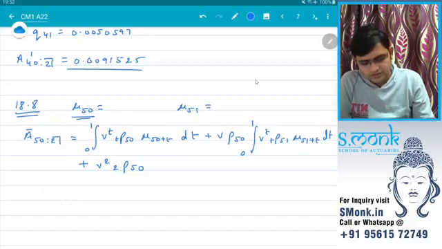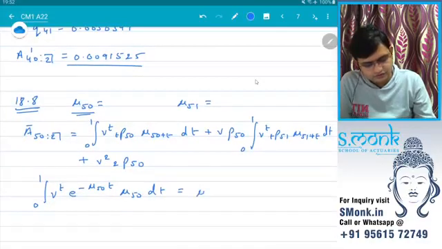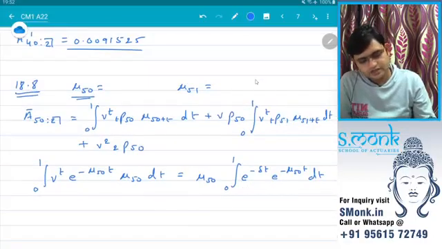So let's say integration 0 to 1 v raised to t, we'll have e raised to minus mu 50 t, and then this will also be mu 50 dt. I can write this in terms of e raised to minus delta t. So we'll have mu 50 integration 0 to 1 e raised to minus delta t e raised to minus mu 50 t dt. Combine this and then integrate.